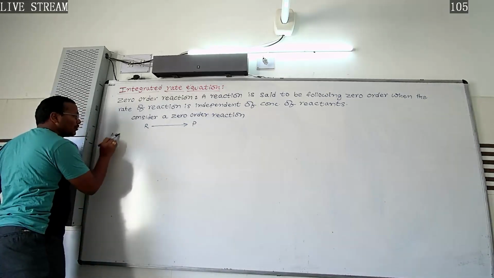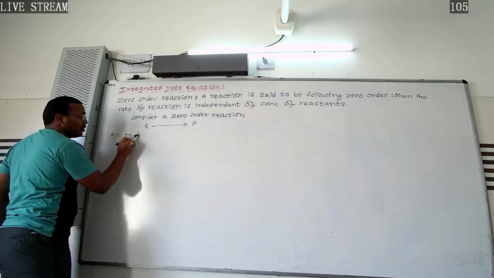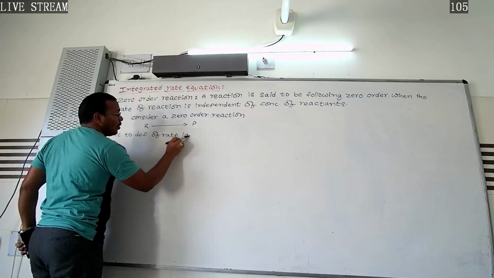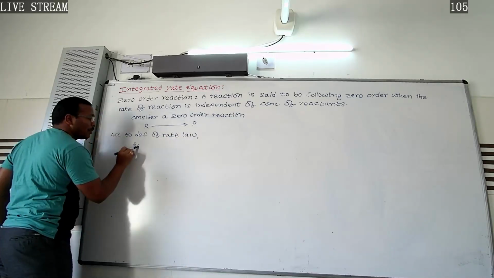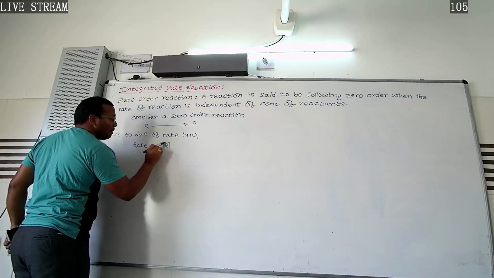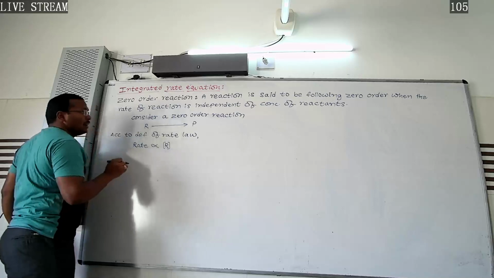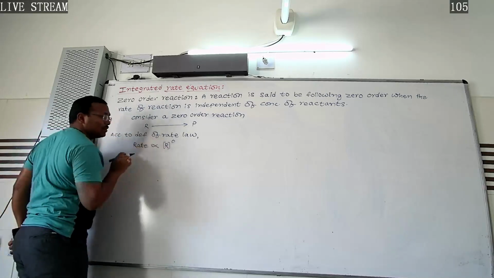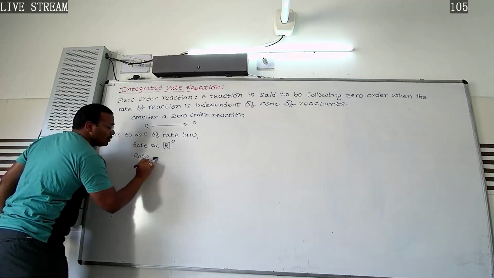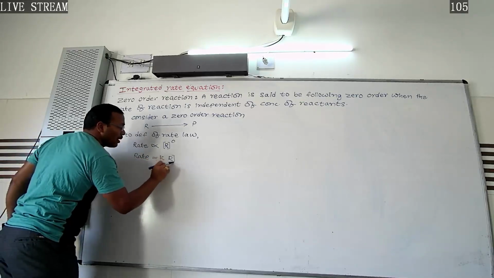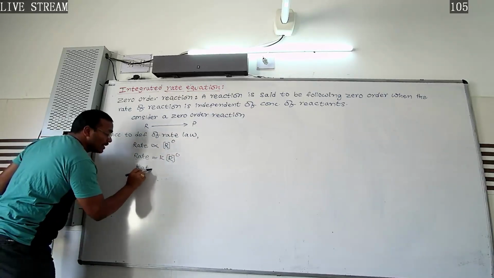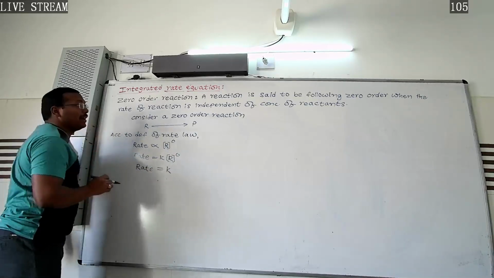According to definition of rate law, rate is proportional to concentration of R to the power, what will come? It is assumed as zero order, that's why the power is 0. So now the rate is equal to K into R power 0. So rate is equal to K.